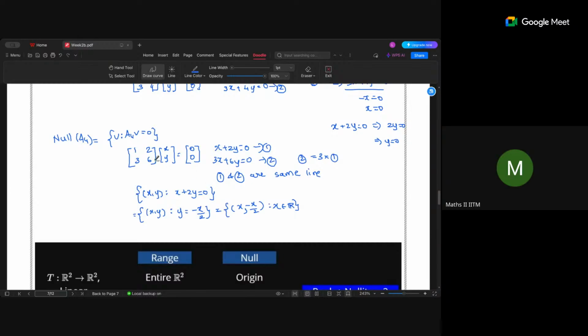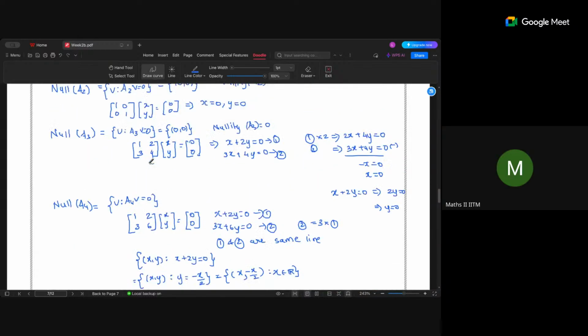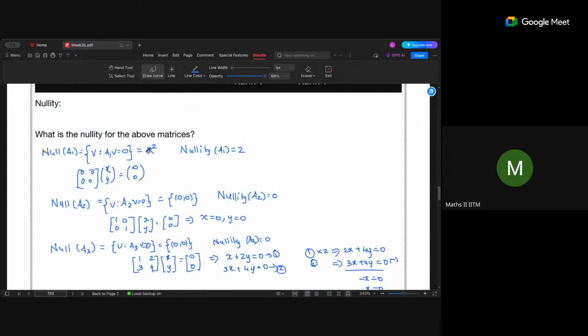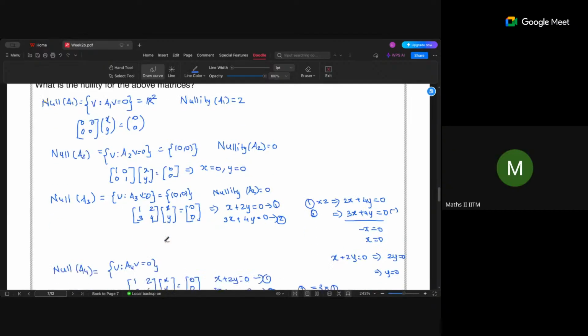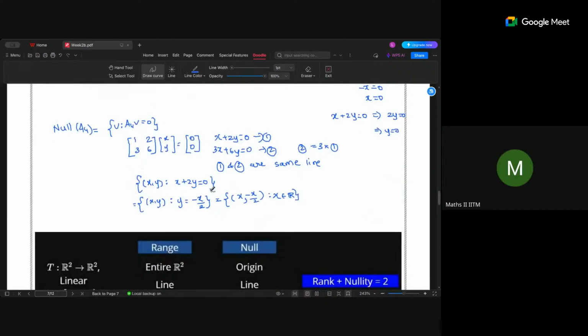So how are we going to find a basis in this case? Here the basis is the entire R2, so any two linearly independent vectors. For the zero case there is no basis, but for this one, what is the nullity? It is a line passing through the origin, so the nullity should be 1. So the basis has one vector.